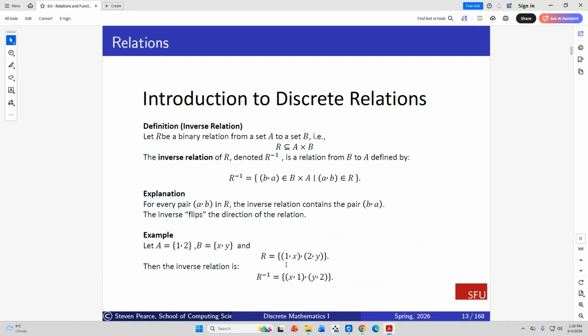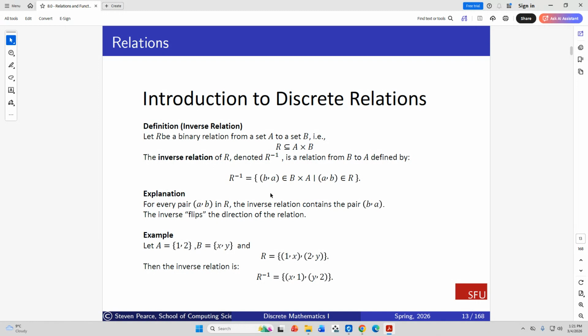Okay. So also we have inverse relations. Let R be a binary relation from a set A to a set B, i.e., R, the relation, is a subset of A cross B. The inverse relation is simply made by changing the ordered pair. You just simply change the order.